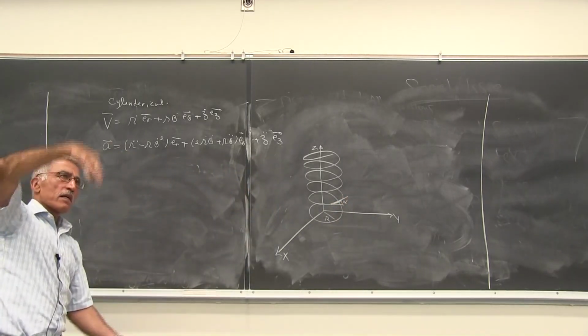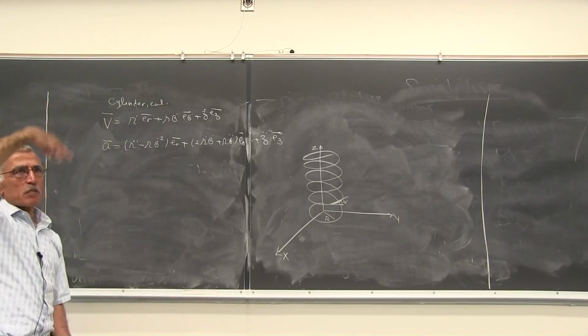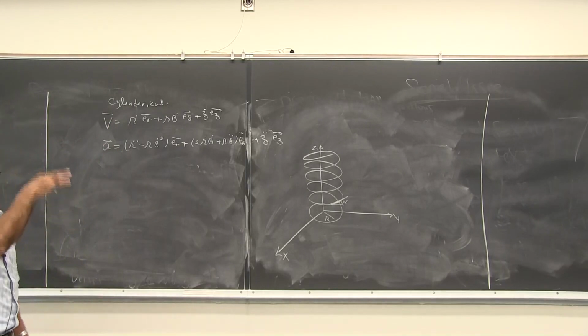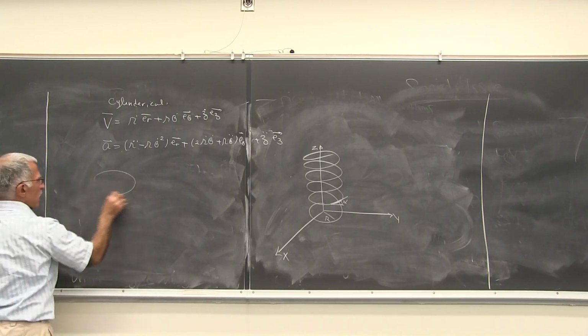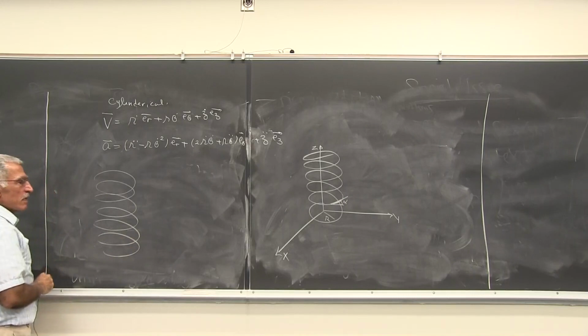So you have your spiral, it's rotating like this, it's going like a spring. Think about a spring, and something is going around that spring up, and the angle of that spring is alpha.